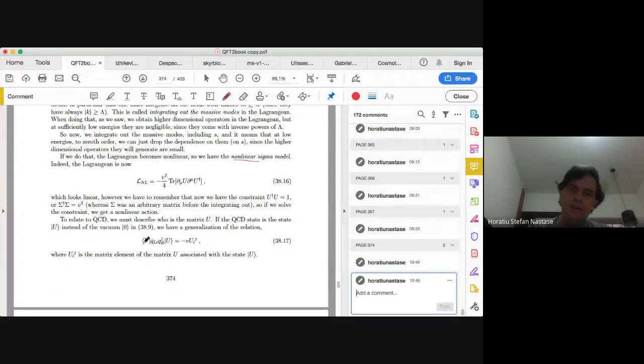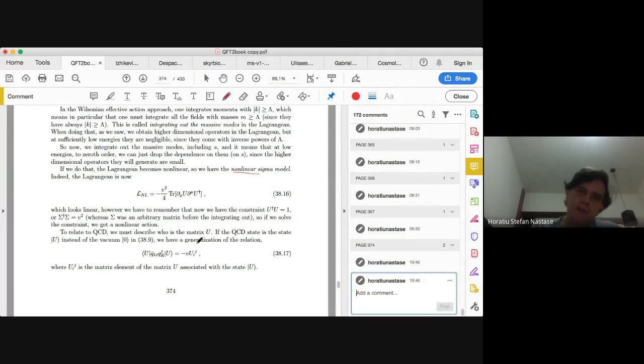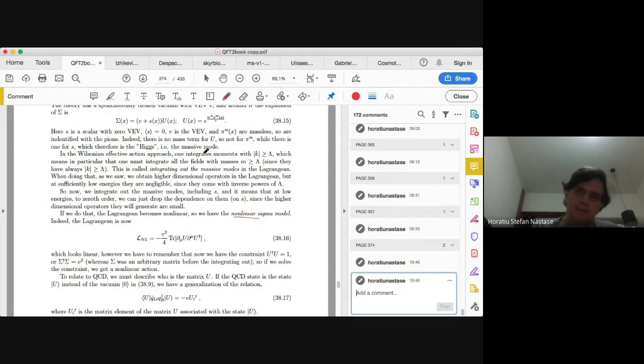So the state defined by this matrix U that has pions in it. If I consider the fermion condensate in this pion state, it should give me the matrix U itself with the pions.